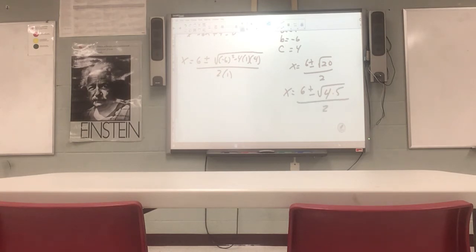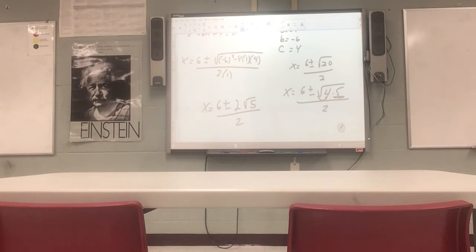And now the perfect square, I'm going to bring its square root out, and I'm going to leave the prime number under the radical. So we're going to have x equals 6 plus or minus, right here with 4, the square root of 4 is 2, so I'll bring a 2 out. That 5 has to stay in the radical, all over 2.